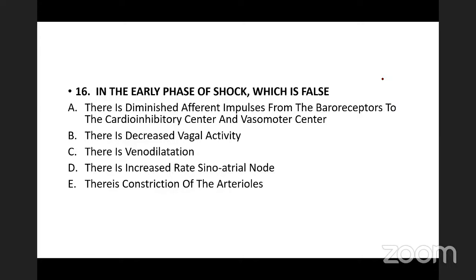And when the tension reduces, there's less stimulation of the baroreceptors, so there's an inhibitory effect on the cardioinhibitory center and a stimulatory impulse to the vasomotor center, so that the heart rate will increase and the patient will also have vasoconstriction, aiming at elevating the blood pressure as well as increasing the peripheral resistance. So A is correct.